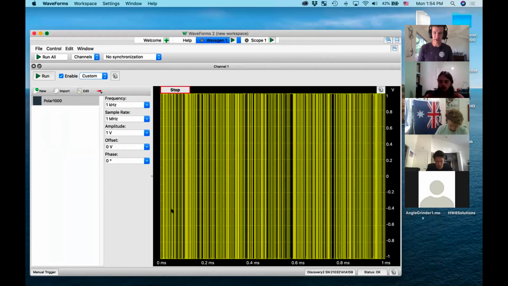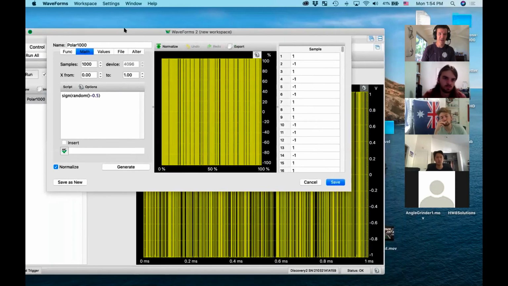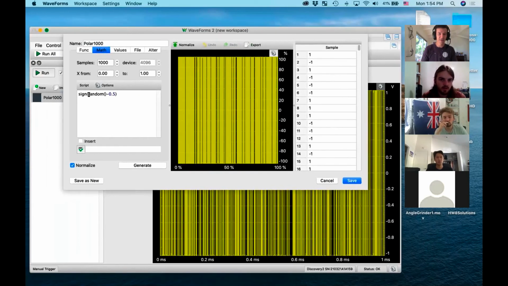Okay, so I have a random bit generator set up here on an analog discovery. Question, can you see the yellow waveform here? Okay, get a couple nods, good. This is a custom waveform, and it's pretty darn simple. I'm just taking the sign of a random number that I've shifted down by a half.